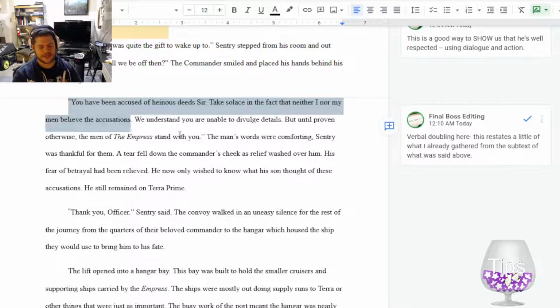So again, trust your writing. I think that initial intro, that initial dialogue with these military police officers worked, right? I had a pretty clear sense that these individuals were on his side. They didn't really buy whatever he was getting thrown under the bus for.